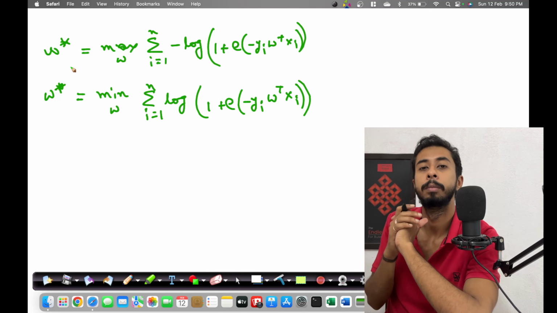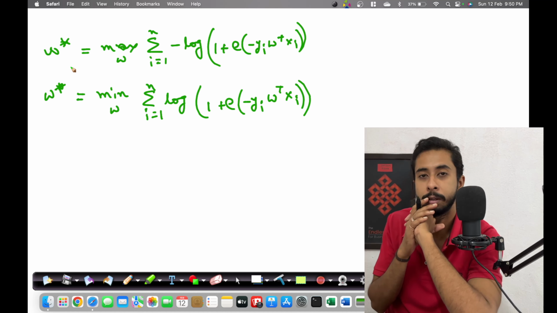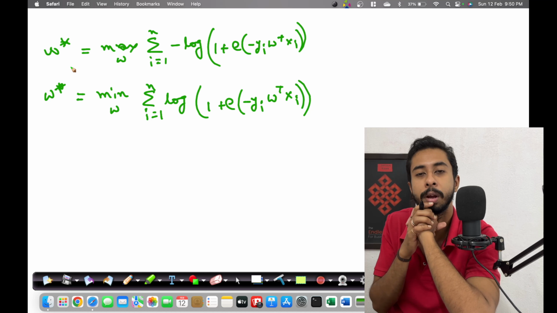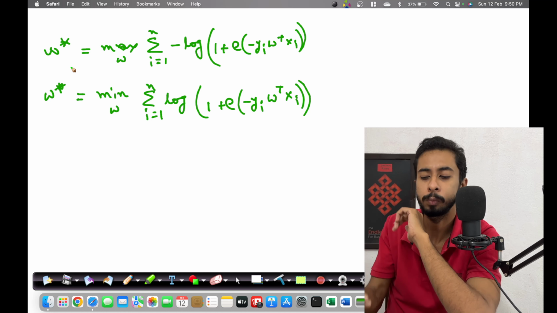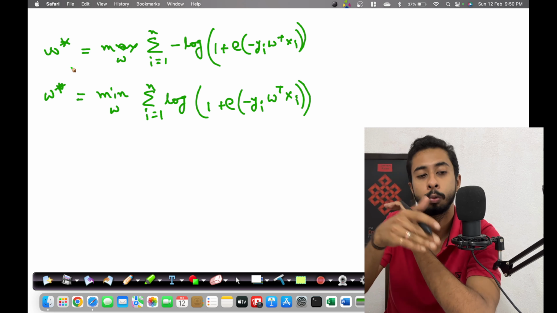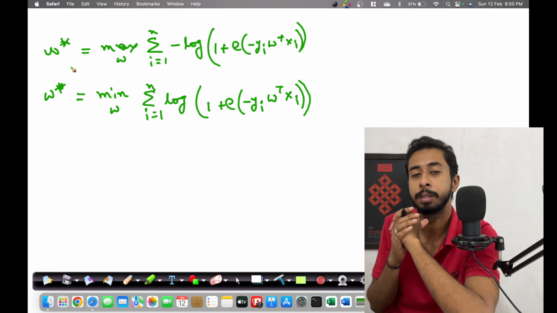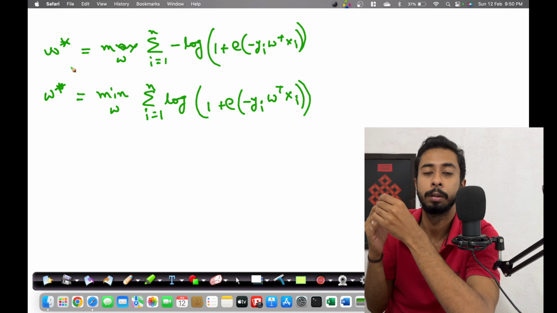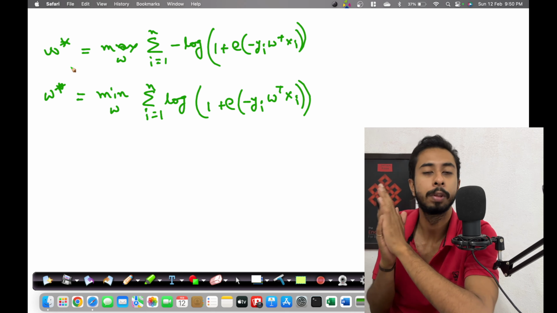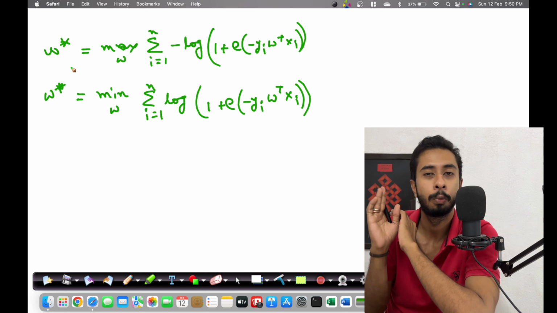It will not be affected by outliers, because it uses the squashing function, sigma, the sigmoid. So we have converted the original equation to this equation, which will work fine if there are outliers, and if there are no outliers it doesn't matter, it will work fine.